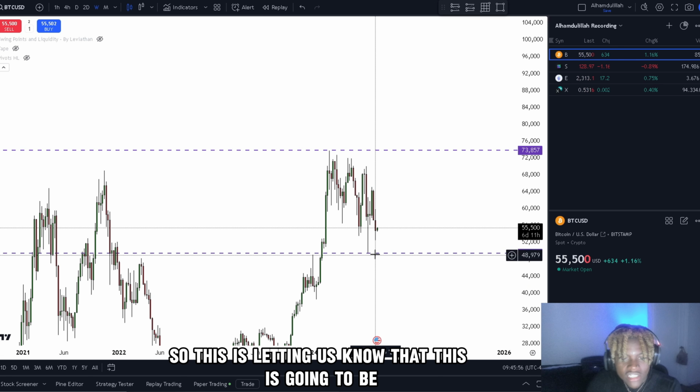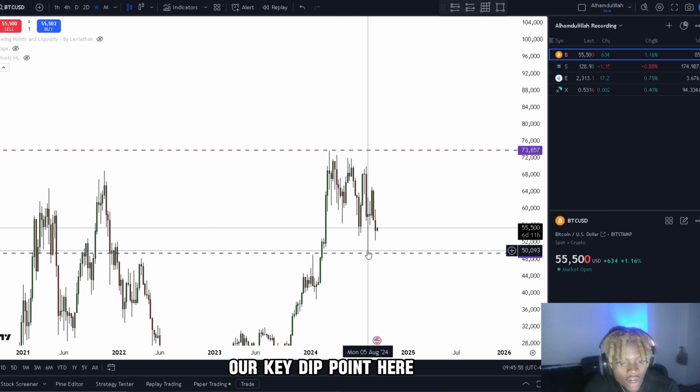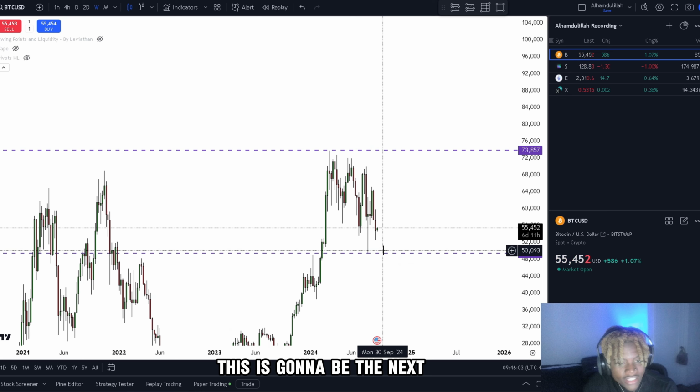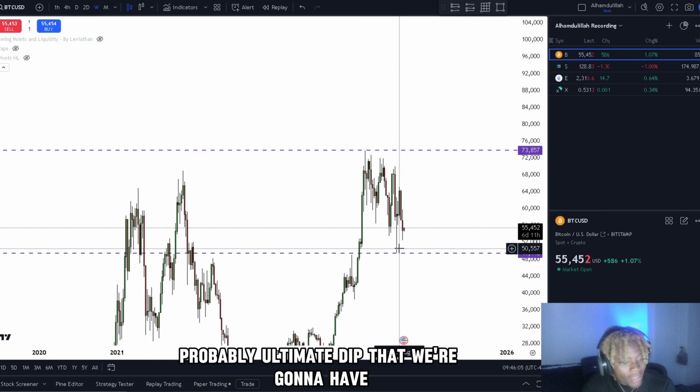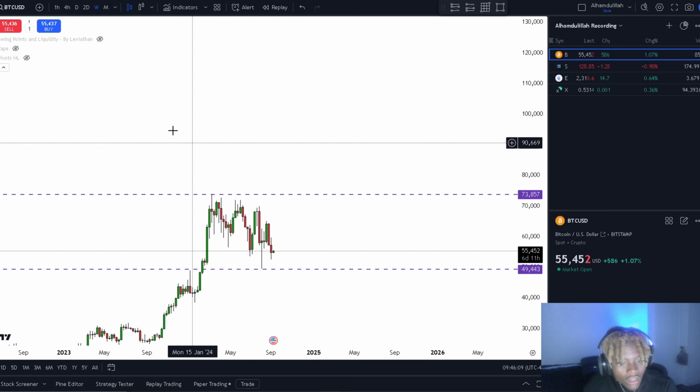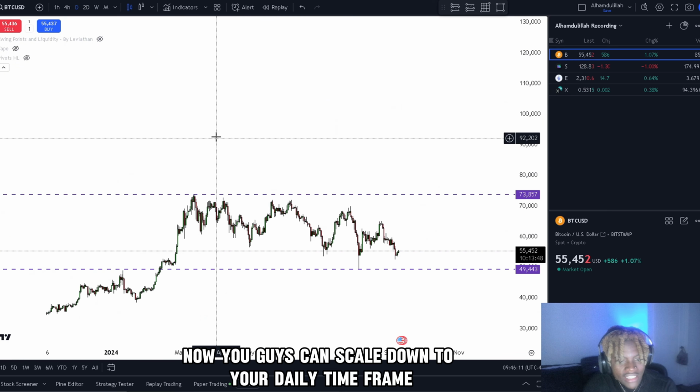This is letting us know that this is going to be our key dip point. So we're going to be waiting for a retest of this. This is probably going to be the next ultimate dip that we're going to have, unless it decides to break this level.